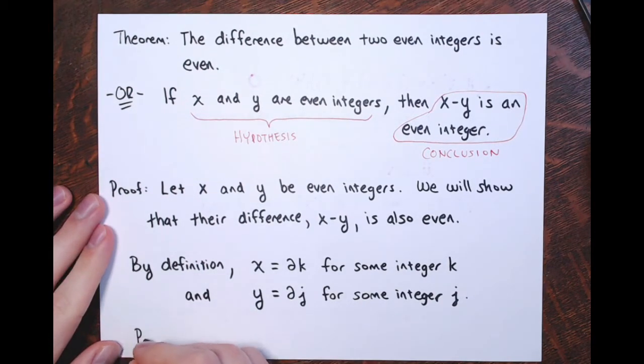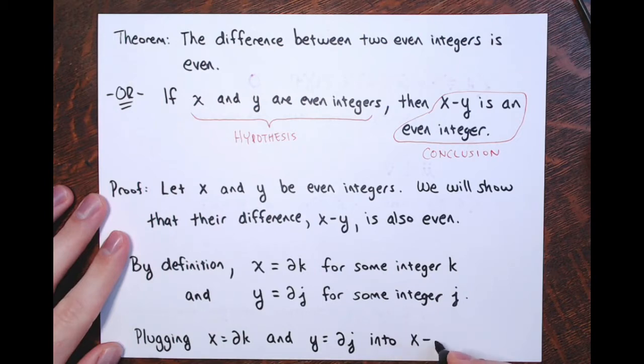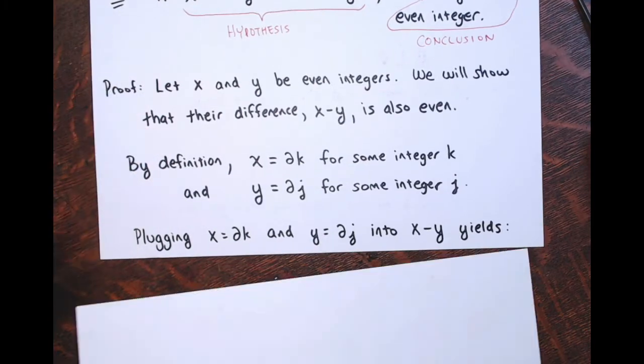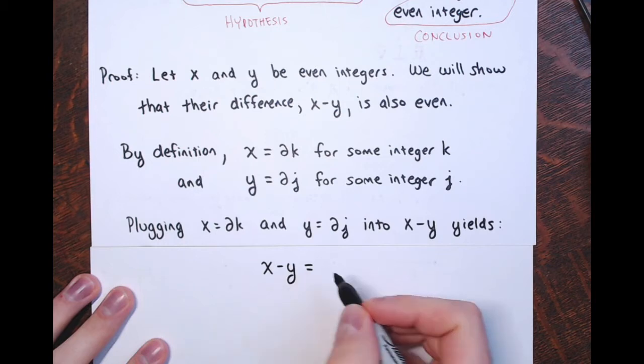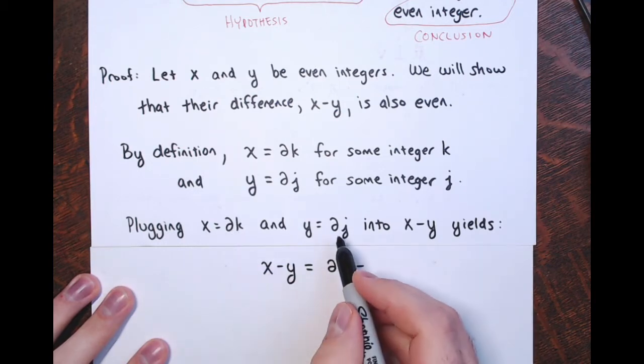So like the last proof, I'm going to say plugging x equals 2k and y equals 2j into the expression x minus y yields the following. I'll start off some algebraic lines here. x minus y would then be equal to, I'm replacing x with 2k minus, and I'm replacing y with 2j.